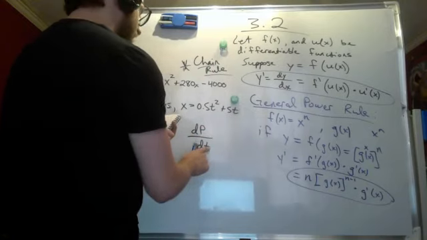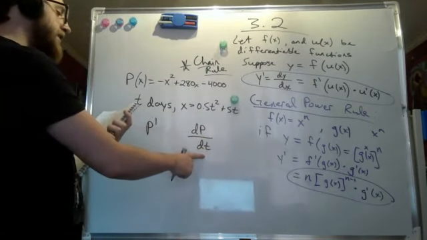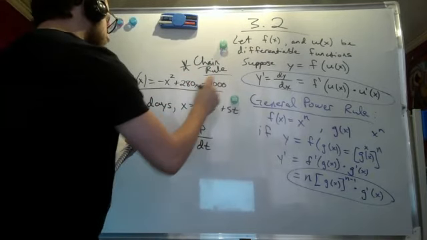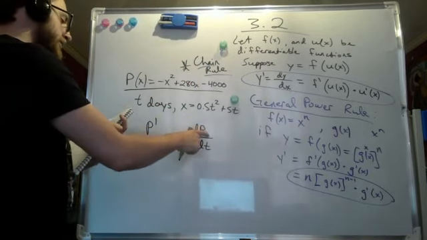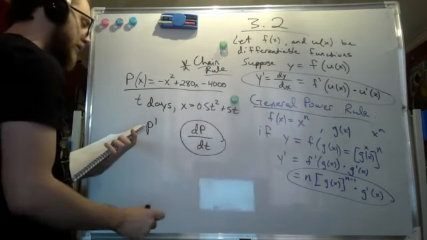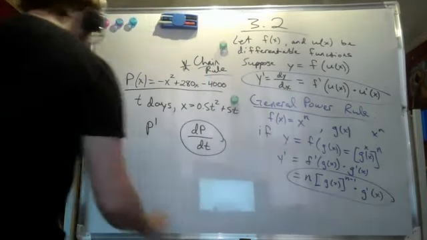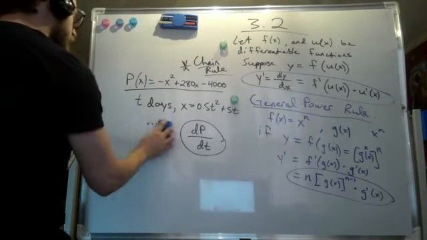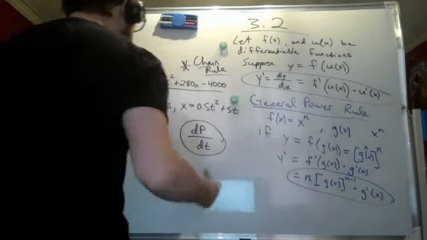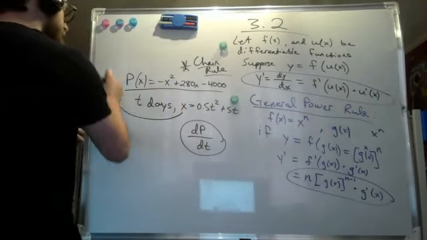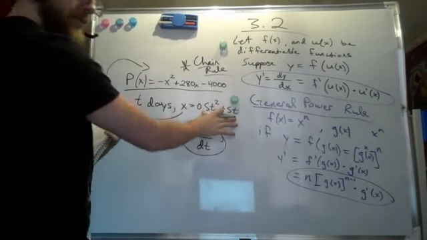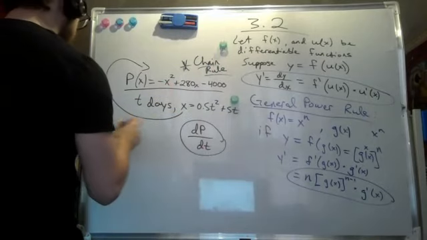This is very important here. We're not taking the derivative with respect to x, since that's how P of x is written, we're trying to take the derivative with respect to time. This is what we want. Well, in order to do that, we have to first have what is P of t. So we get that by taking this equation and plugging it in to change these x's in terms of t. So nothing too complicated.